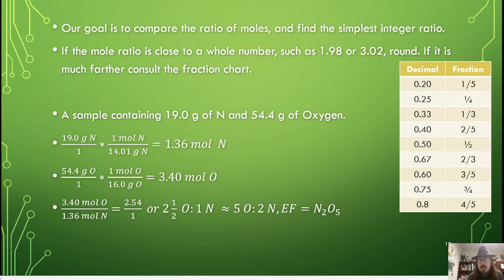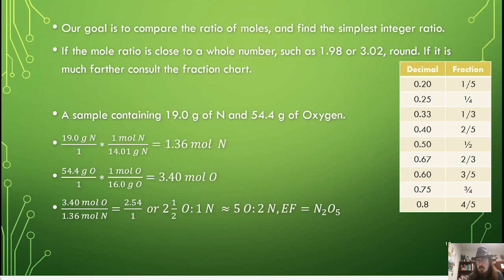consult this decimal chart and convert it into a fraction. See the decimals 0.2, 0.4, 0.6, 0.8 are ratios of 1 to 5, 2 to 5, 3 to 5, 4 to 5. You're less likely to get those. You're more likely to get a 1 to 3 or 2 to 3 ratio.